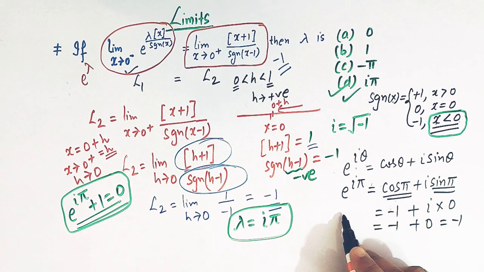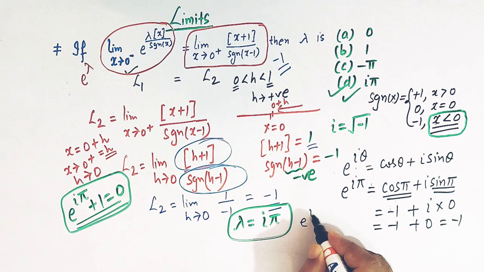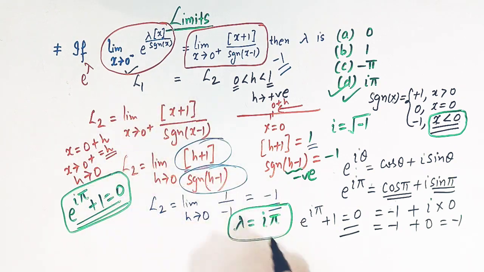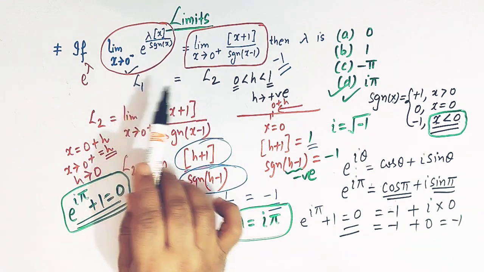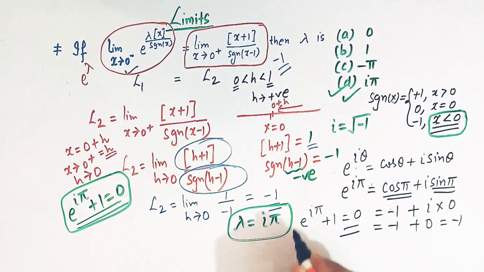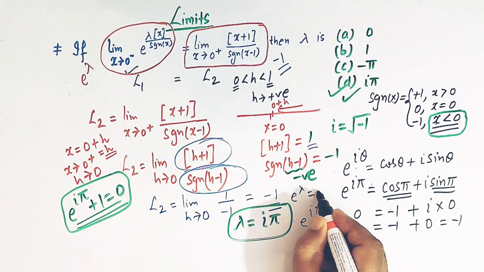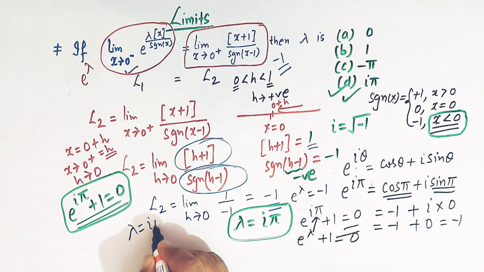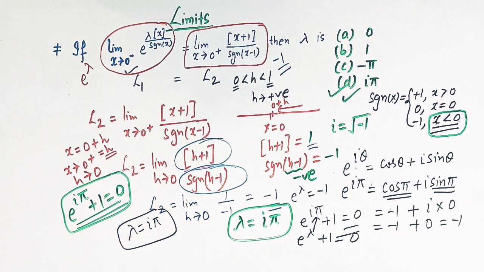Taking this negative sign to this side, we get e raised to i pi plus 1 is equal to 0. And we have just seen that when L1 is equal to L2, we have e raised to lambda equal to minus 1, that is e raised to lambda plus 1 is equal to 0, and comparing, lambda is equal to i times pi.